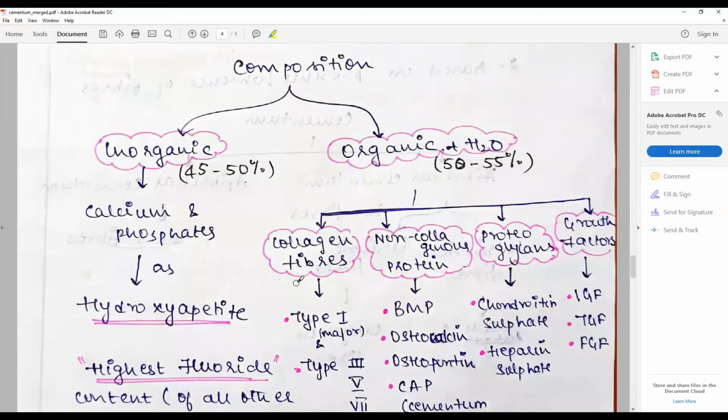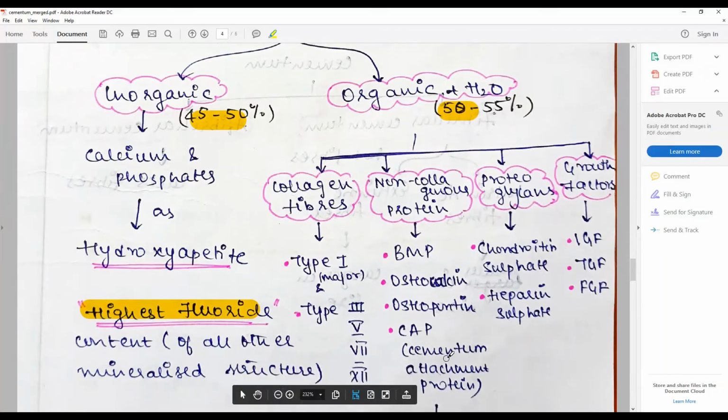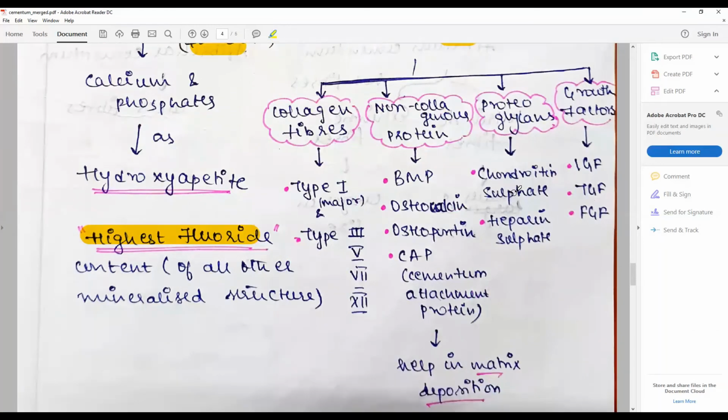Chemical composition again: inorganic 45 to 50, organic 50 to 55, as calcium phosphate hydroxyapatite, highest fluoride content. Then collagen fibers, type 1 major, type 3 others, non-collagenous protein, proteoglycans, growth factors. Effectively, the same content projected in a different way.